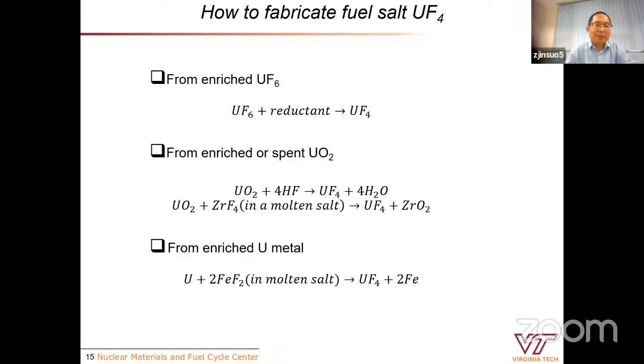So in our lab, we use zirconium fluoride, ZrF4, which can react with UO2 in the molten salt. Then we will produce UF4, and at the same time, we produce zirconium oxide. Zirconium oxide is a solid. You can easily separate a solid from a liquid, right?